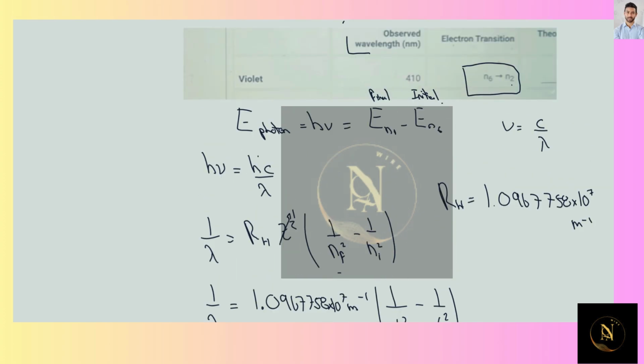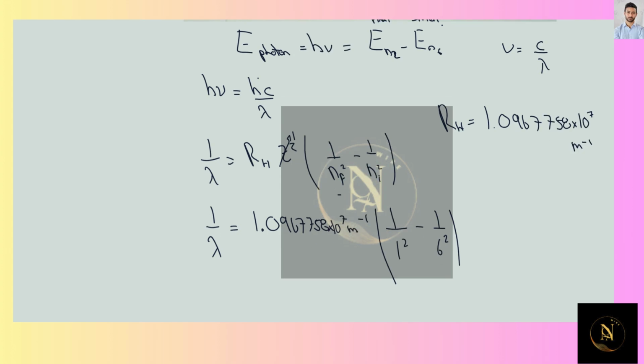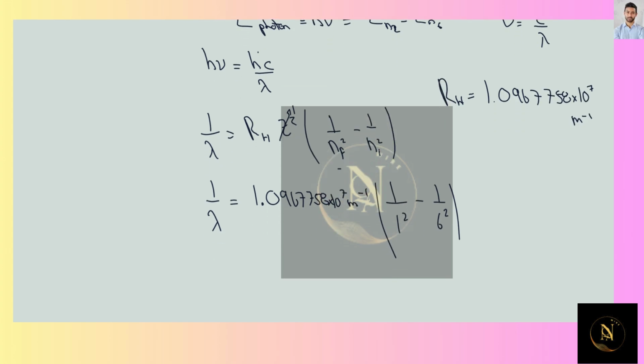Oh, sorry, over here I misread. The final state is n equal 2, not n equal 1, so it should be 2 squared. Sorry about that.